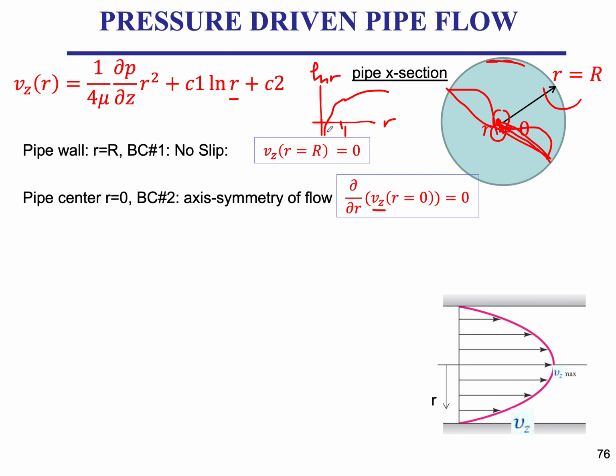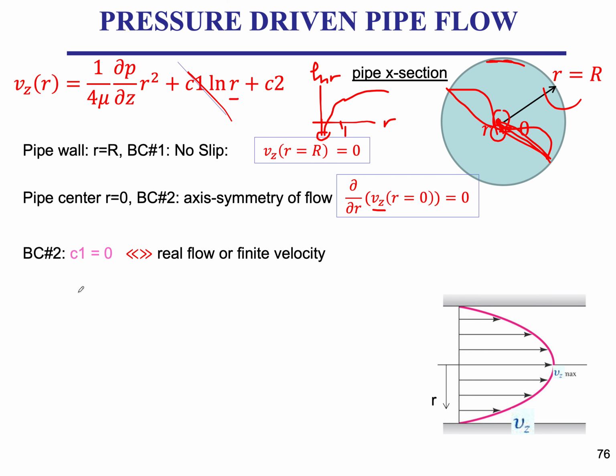And so at r equals 0, we would get an infinite velocity, which is not physical. So the only solution for that is for C1 to be 0. But then you go back to the first step. C1 will come out to be 0 if you just say that the flow is axisymmetric.